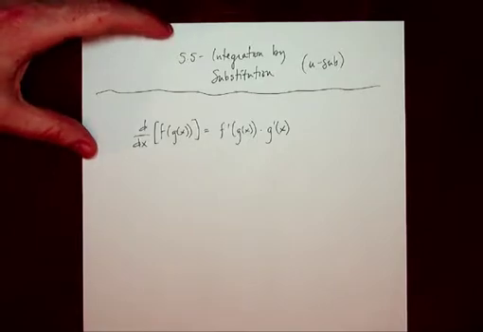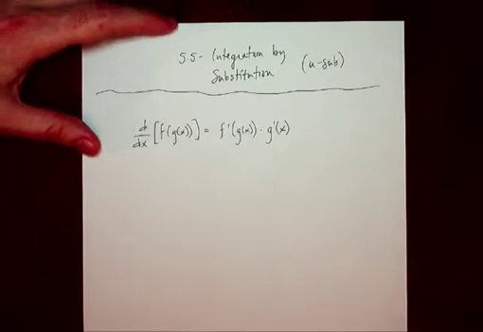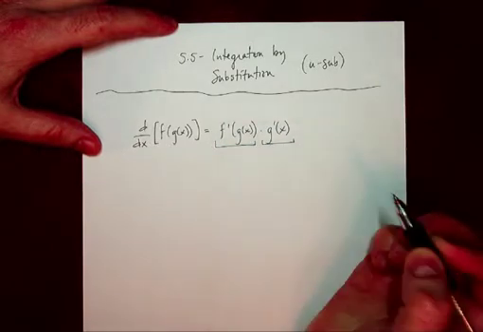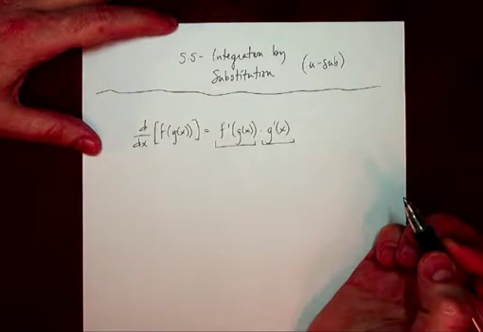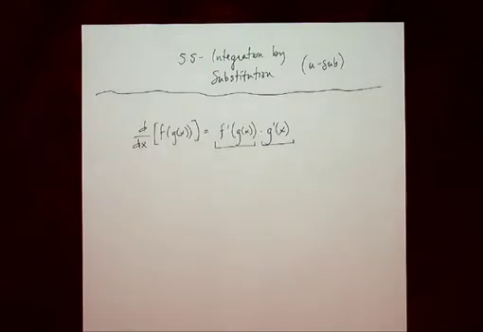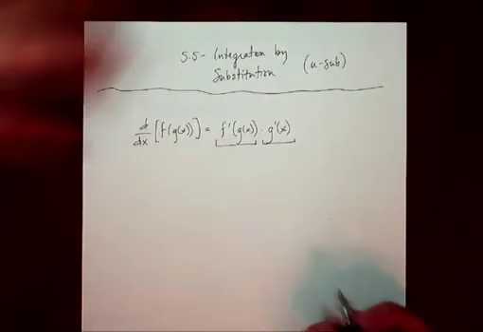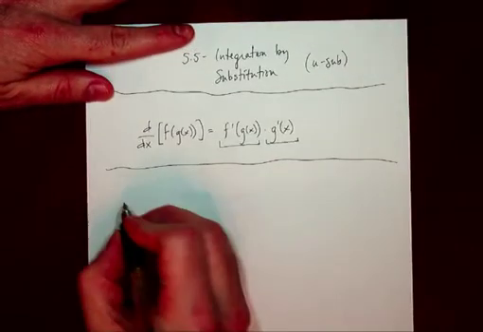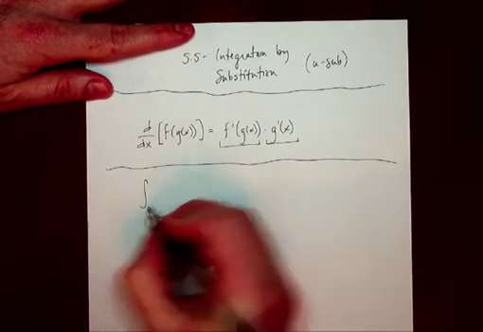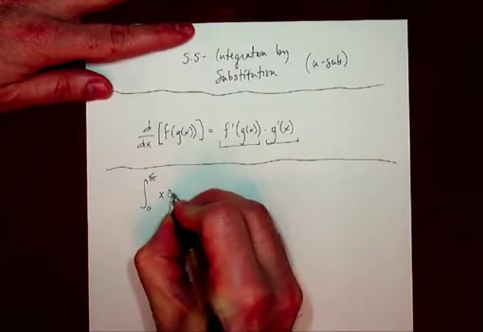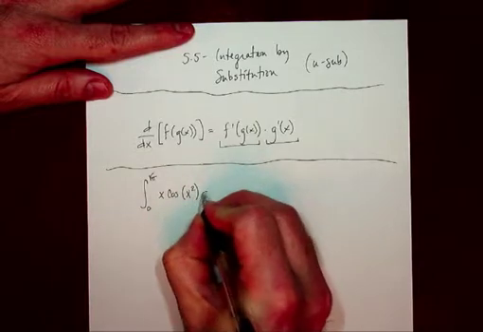When you're undoing the chain rule, you need to basically have both of these pieces represented in the integrand, or at the very least, it needs to be basically just a simple change in form, simple multiplication to getting you to this point. So let's go ahead and start with a problem. Let's go from 0 to root pi of x cosine x squared dx.